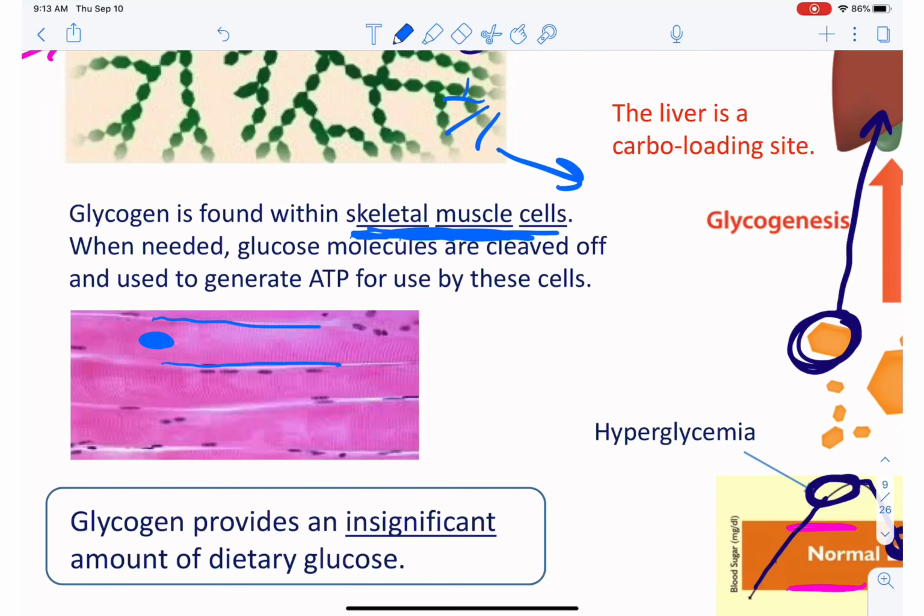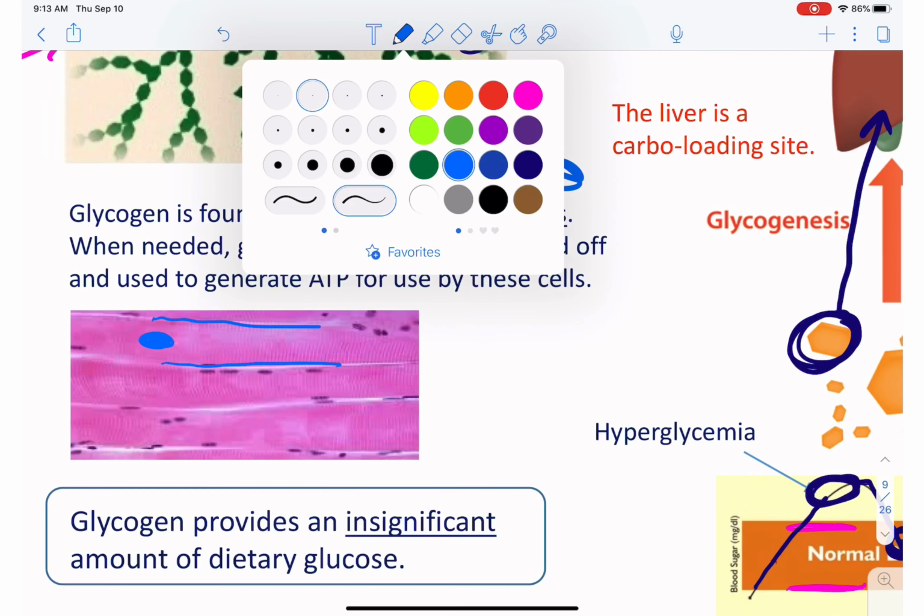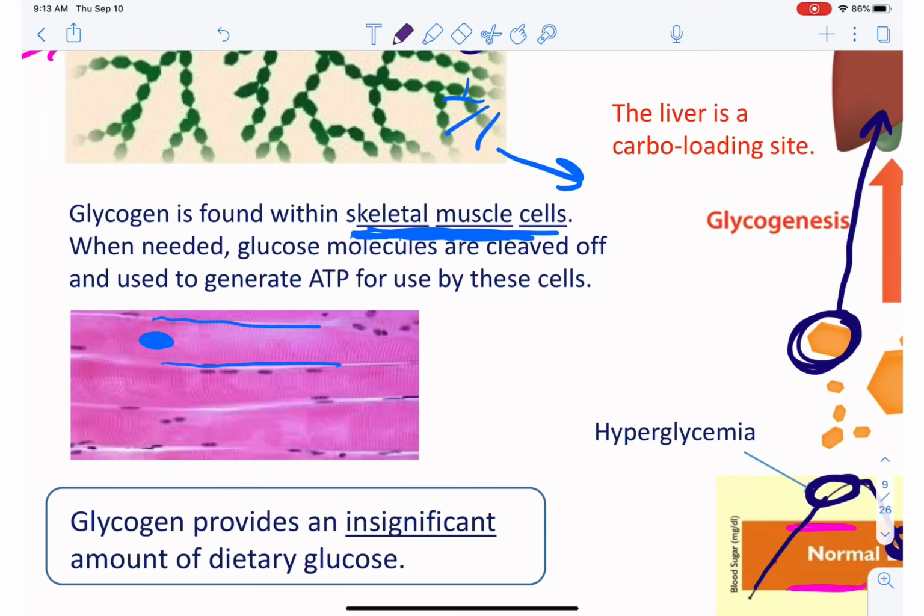And basically, this is a little personal energy source for each of the skeletal muscle cells. During exercise, when there's a lot of ATP being required for contraction, this glycogen is broken down into glucose, and the glucose enters cellular respiration within the skeletal muscle cell, and it's used to generate ATP. And so it's a little direct source of energy that the skeletal muscle cells can use.